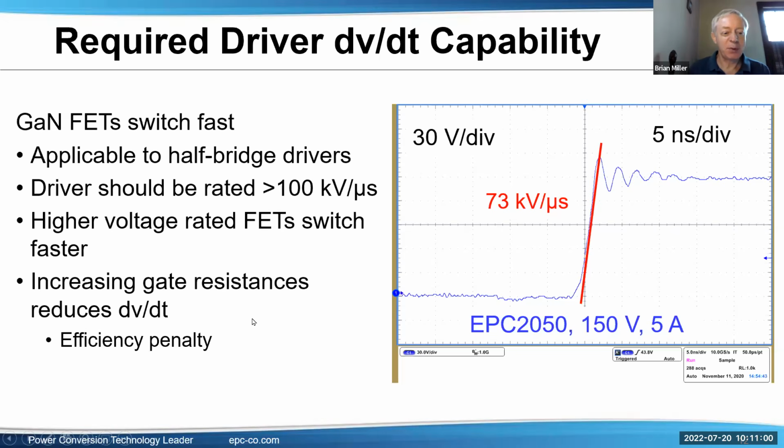Increasing gate resistance reduces dV/dt. So you could say, well, I can just slow down the FET, but you have an efficiency penalty. With good layout and other good practices, there might not be a reason to slow down the GaN FET. So to have a gate driver that can withstand that is a nice feature.